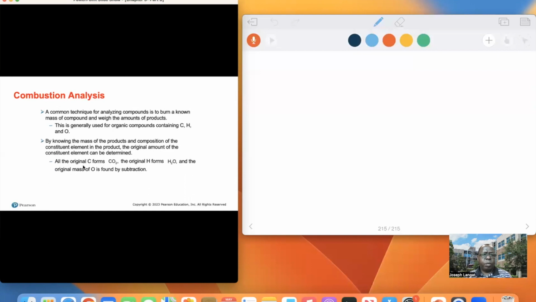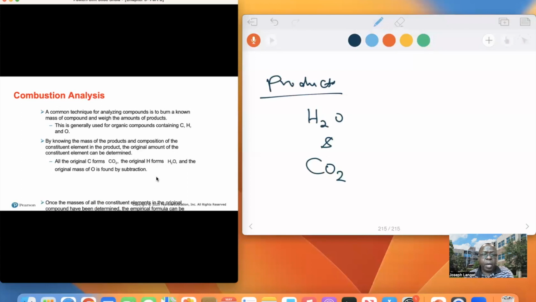It's assumed that all the original carbon forms carbon dioxide, and the original hydrogen forms water. So the combustion products are H2O and CO2, which come from carbon and hydrogen. Once the masses of all the constituent elements in the original compound have been determined, the empirical formula can be determined.